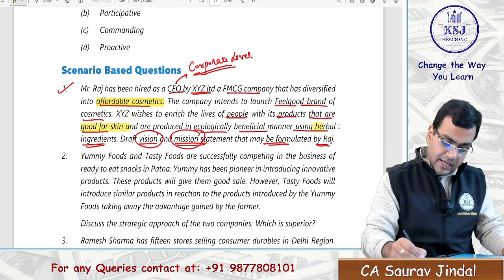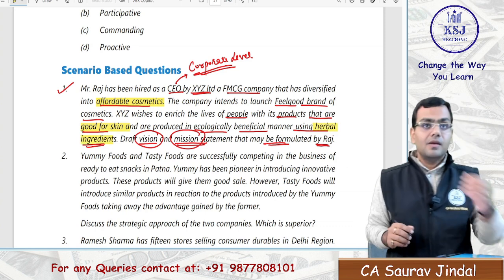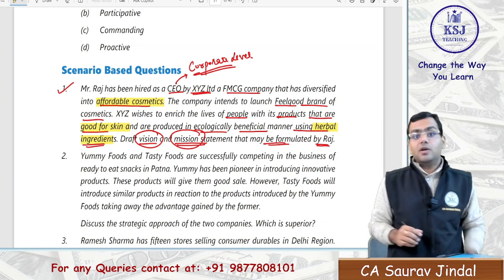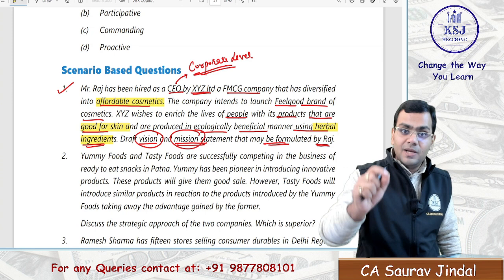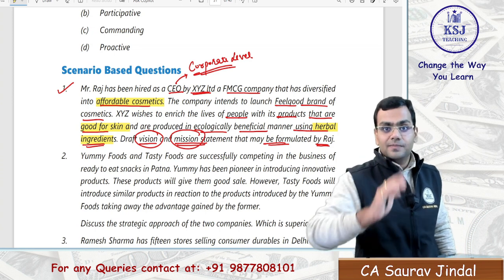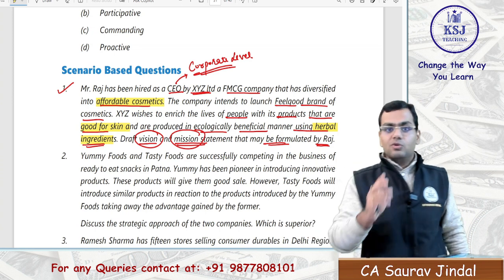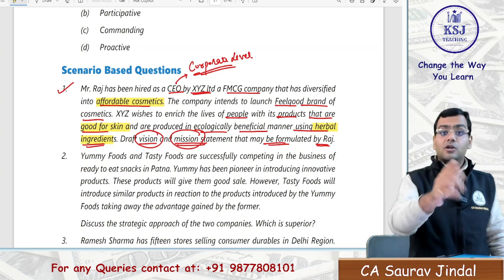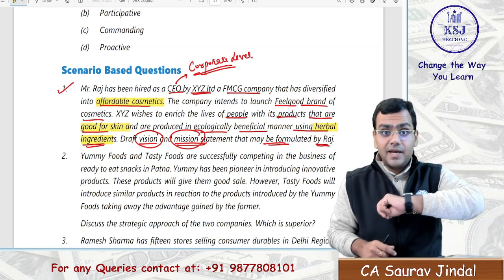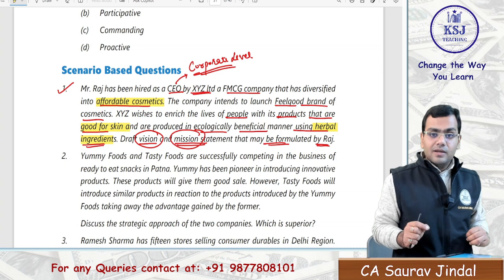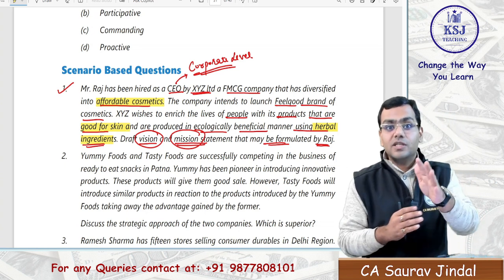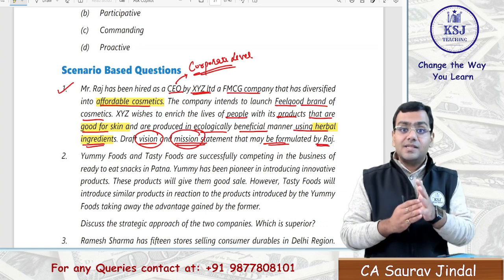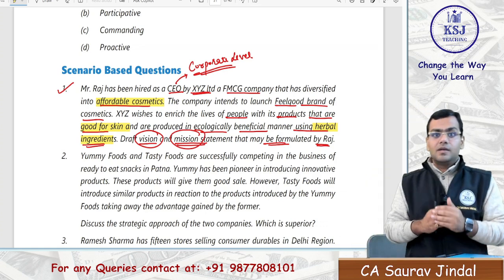If you look at this, one is affordable cosmetics, another one is good for skin, third one is herbal ingredients. This can be formulated into a mission statement: the mission is to provide affordable cosmetics to each and every Indian, to each and every household. Second mission statement can be that we want to provide all those cosmetic products which are not harmful for the skin, which protect the skin from harmful UV rays, right?